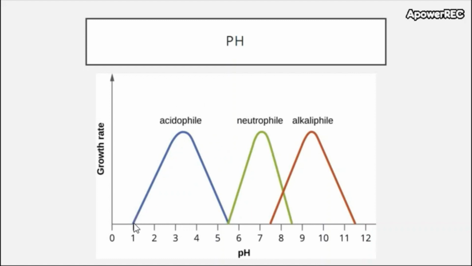So the acidophiles can grow somewhere between 1 and 5.5 pH. We have the neutrophiles, which grow in a relatively neutral area, about 5.5 to 8.5. And the alkalophile, or lover of basic pH, from 7.5 to 11.5.